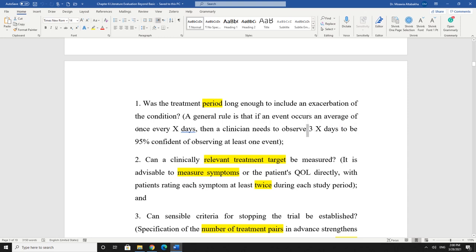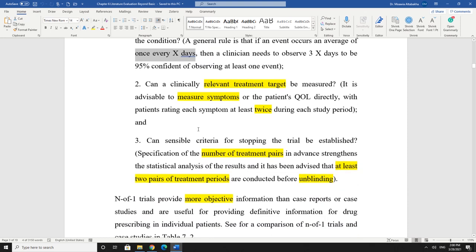Meaning, if the event occurs every week, then the treatment should be observed for 3 weeks. Okay? This is how you do it.